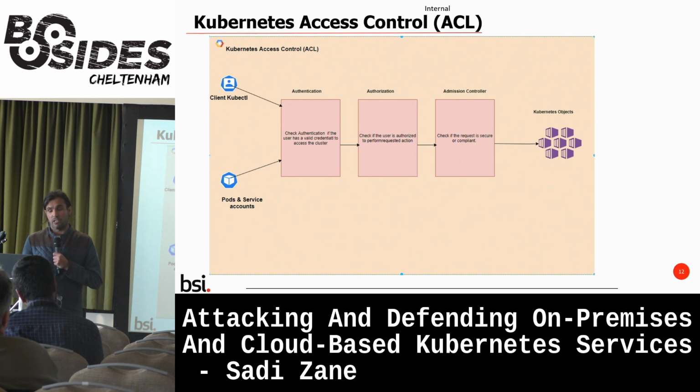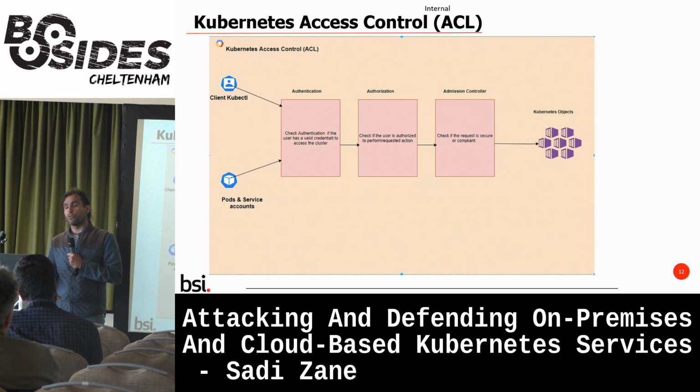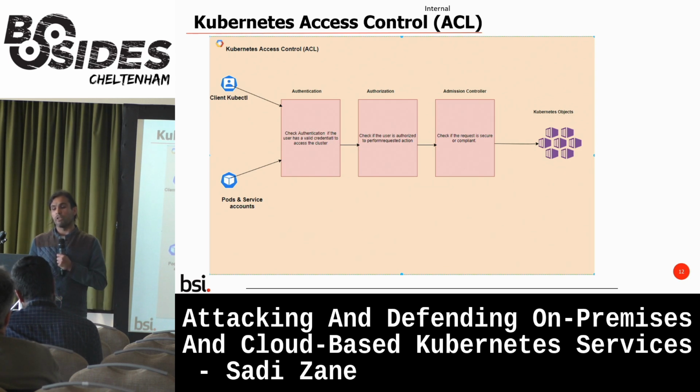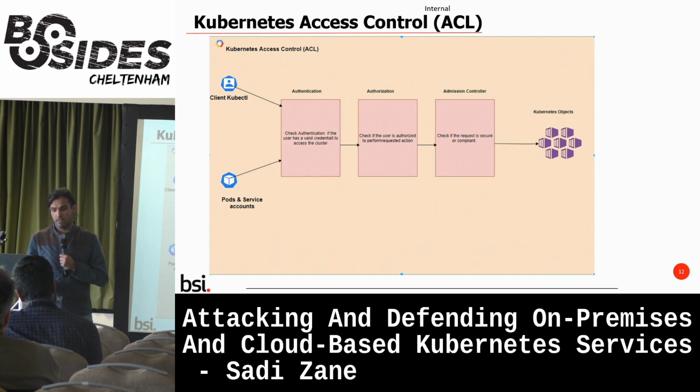And lastly is the admission controller: even if your authentication and authorization are in place, if your admission controller is enabled, the last decision comes down to the admission controller to allow you to reach those objects in your Kubernetes. And that applies to the client as well as to the pods and service accounts.